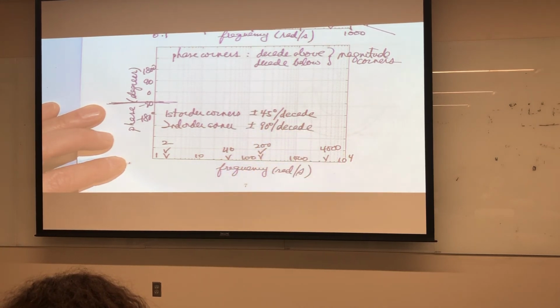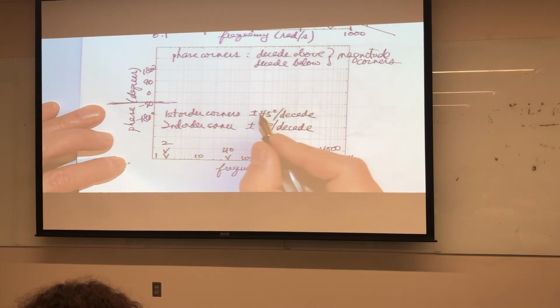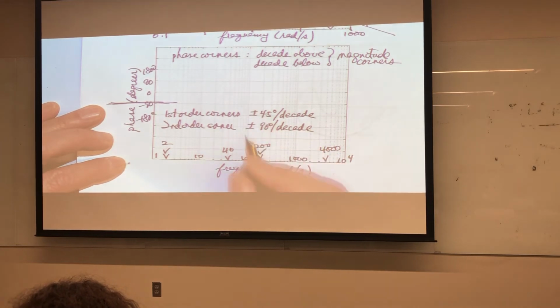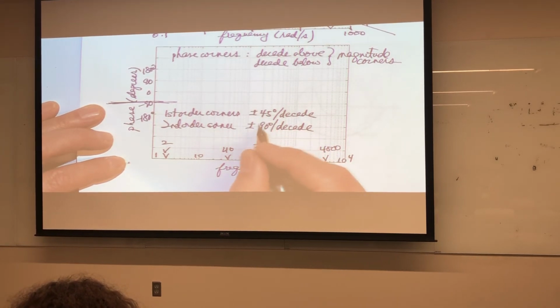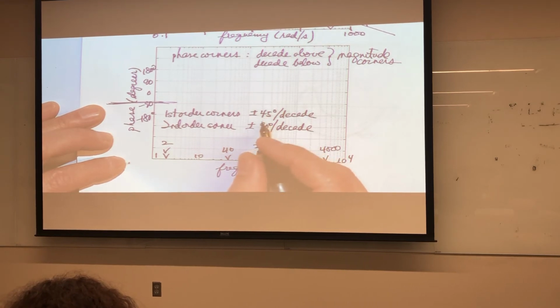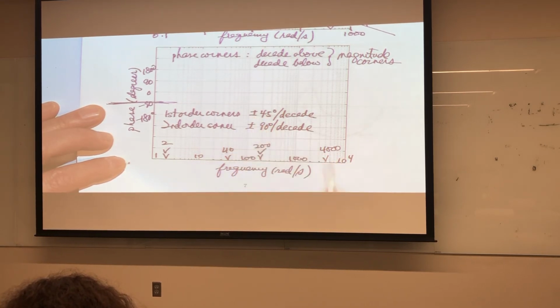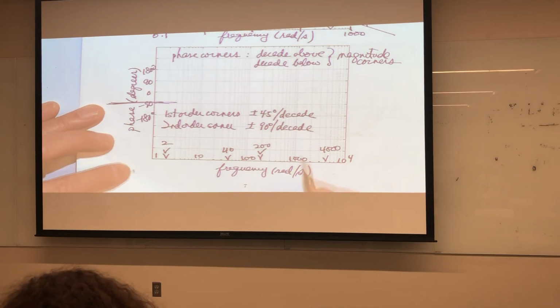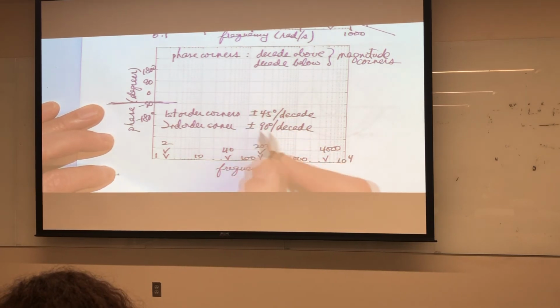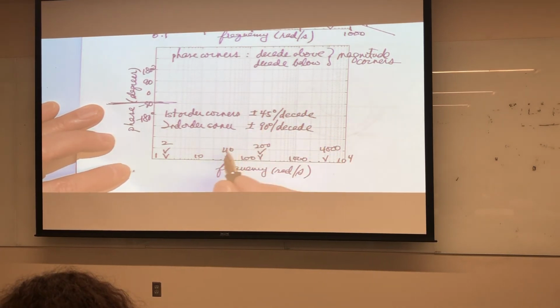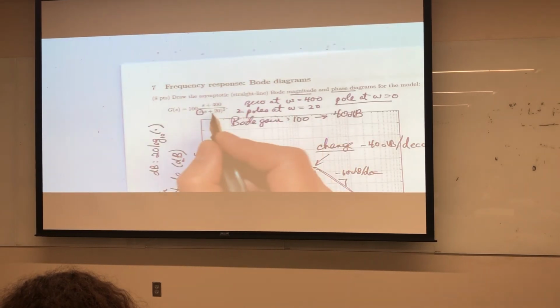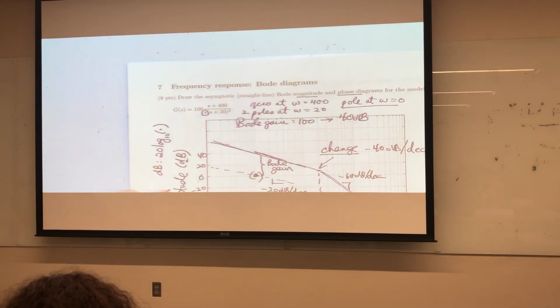And that's the basic idea. If a zero is involved, the change is plus. If the change involved is a pole, then the sign will be negative. Okay. Again, these ideas only apply for the case where all of our coefficients here are positive numbers.